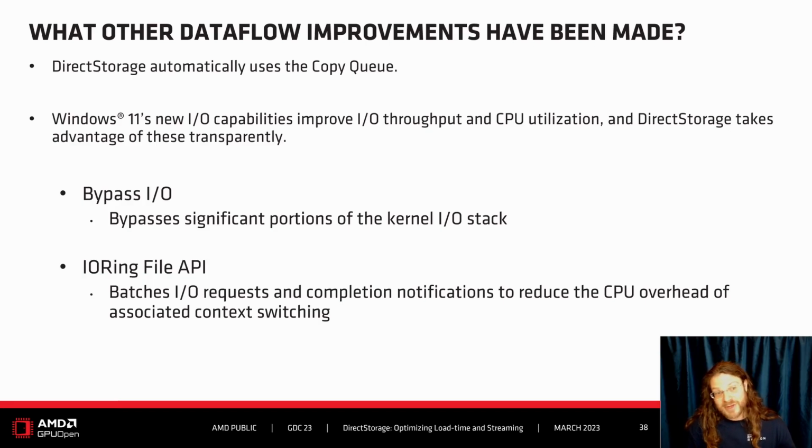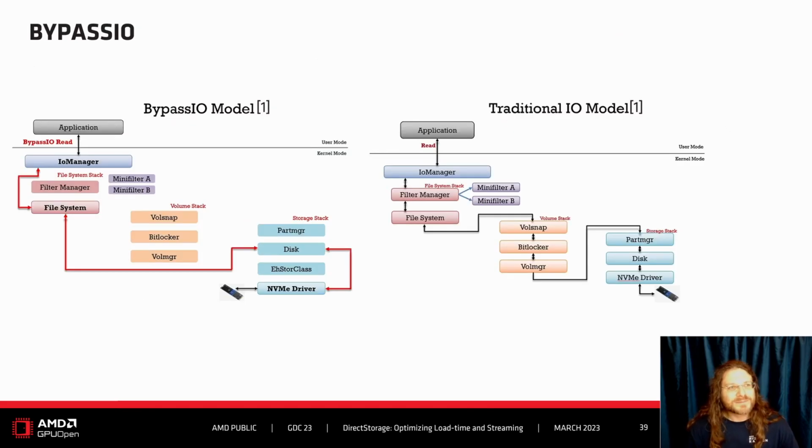But the IO ring API batches requests and completion notifications to reduce the CPU overhead of context switches, which would be created by addressing each request individually. So on the left-hand side, we're showing the bypass IO model, and on the right-hand side, we're showing the traditional IO model. And as you can see, the bypass IO model kind of circumvents the volume stack.